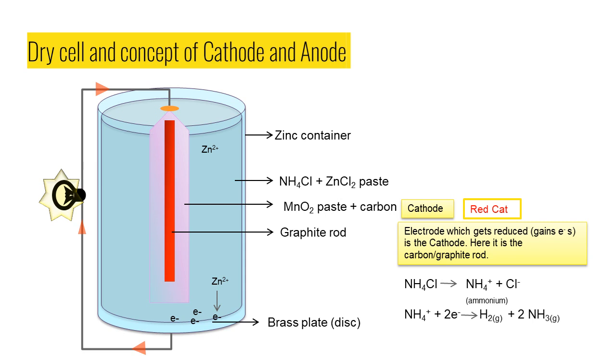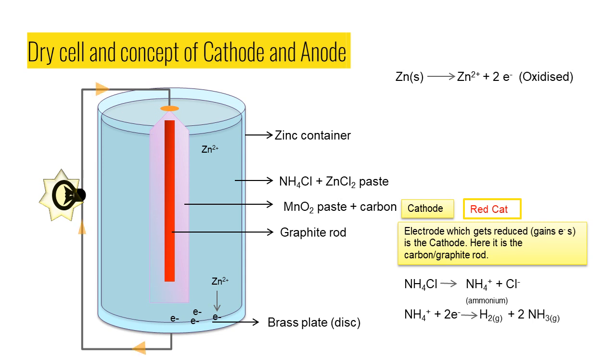So this zinc electrode, solid, the atoms are getting oxidized and they are forming zinc ion and releasing two electrons, and all these electrons are getting accumulated at the brass plate. So that's why this brass plate is termed as negative terminal, because electrons have negative charge, 1.6 multiplied by 10 to the power minus 19 coulomb.